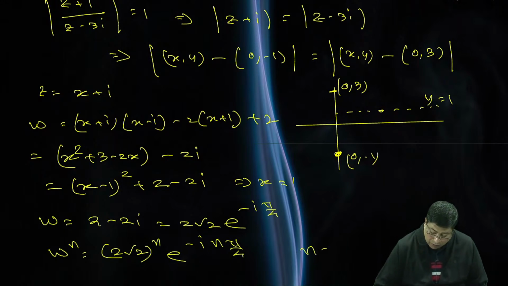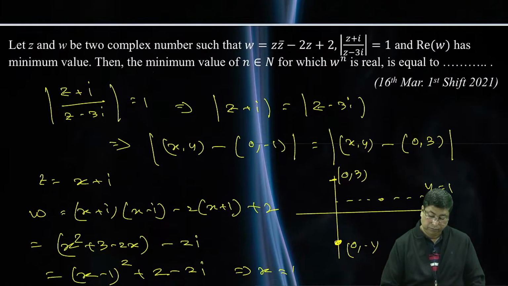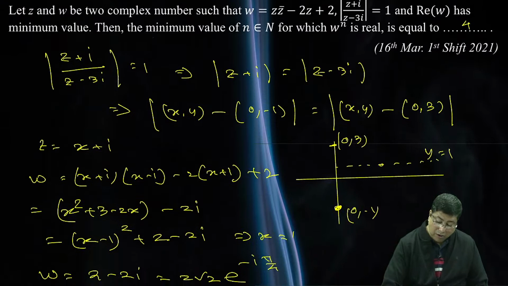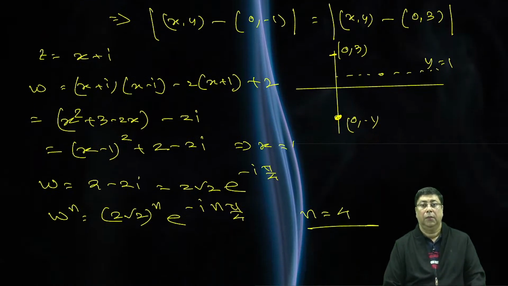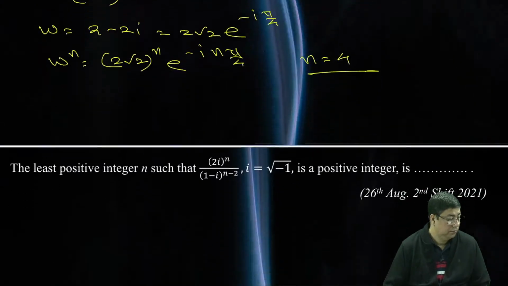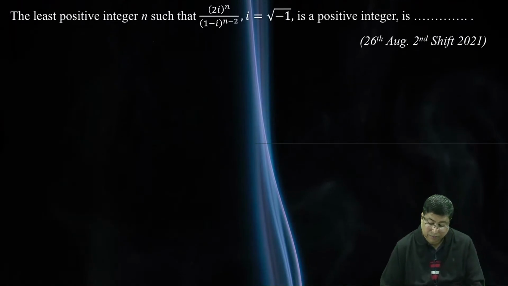Therefore n equal to 4, the sum is over. So here the answer is 4. Let us go to the next sum.